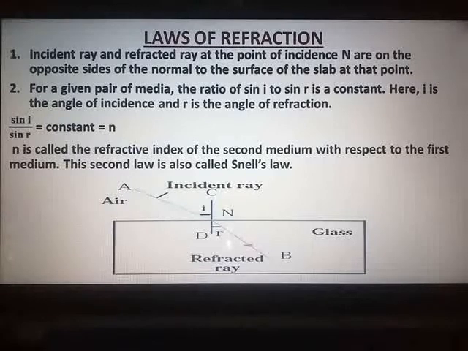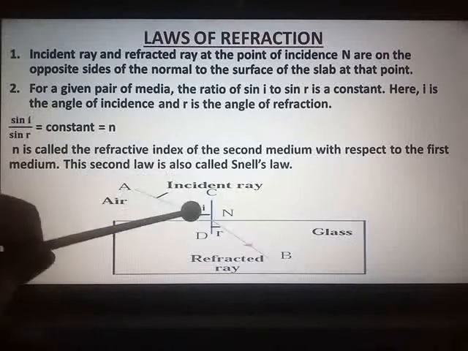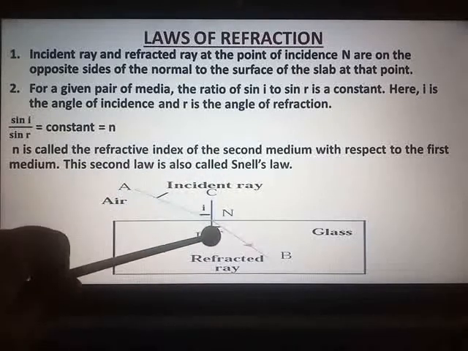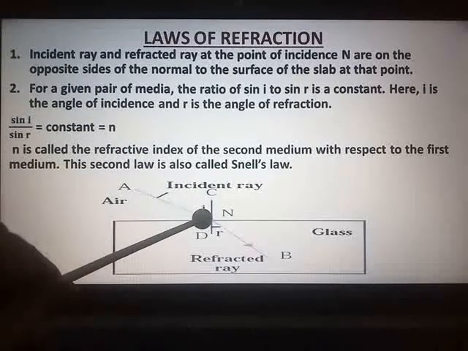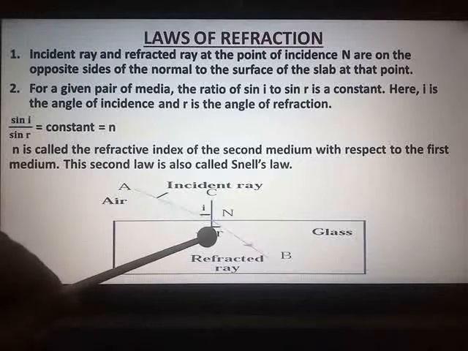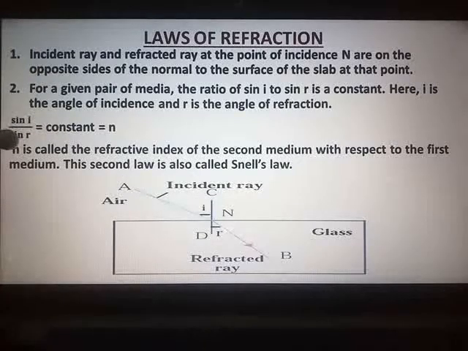Second law states for a given pair of media. Now here the pair is air and glass. The ratio of sin i, angle of incidence, to sin r, that is angle of refraction, is a constant. And here, as I have told you, i is the angle of incidence, r is the angle of refraction. So sin i upon sin r is constant, which is denoted by a small n.